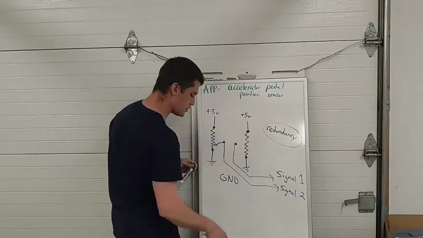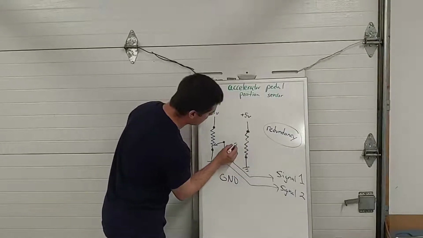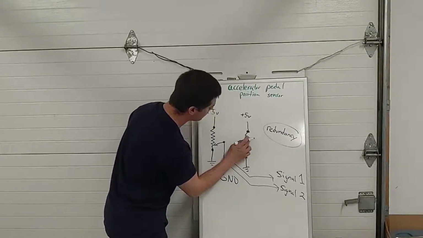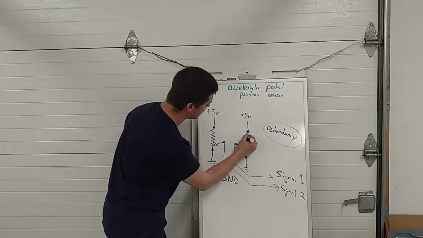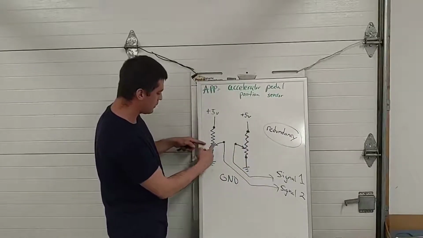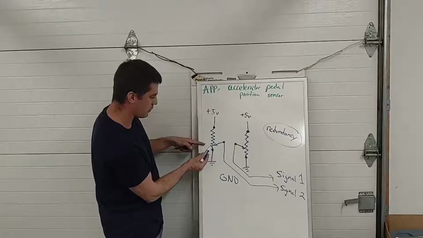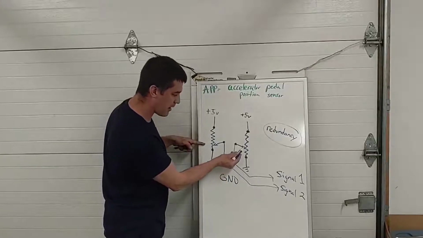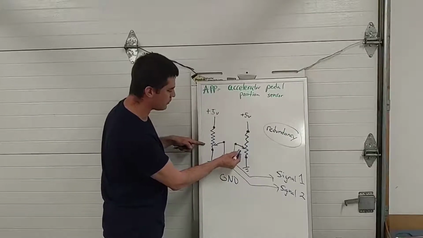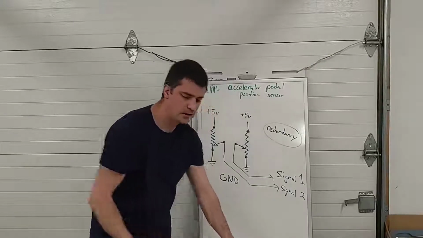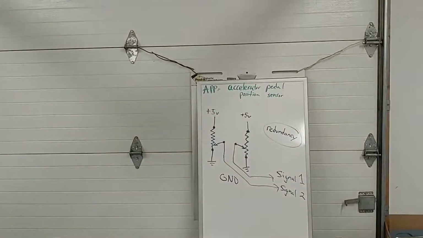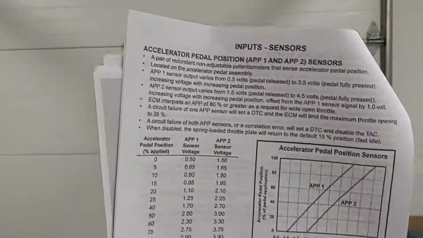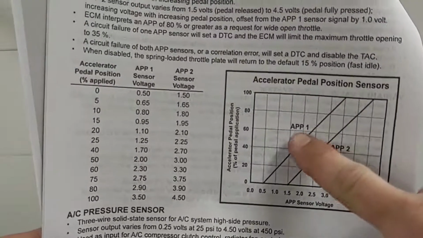So the example I'm about to show you would be drawn kind of like this. Notice how signal 2 is down very low, close to ground, and signal 1 is a little bit higher up. So basically one starts at a slightly higher voltage. And again, we'll refer to our ASE composite vehicle book just to give you an example. Their graph is much prettier than mine would be. Okay.